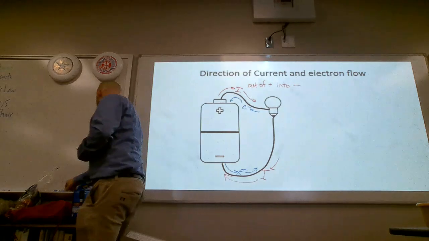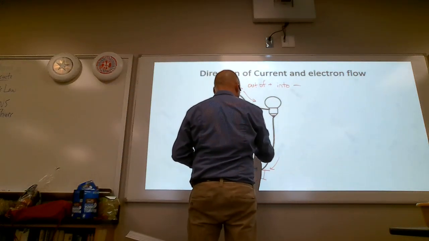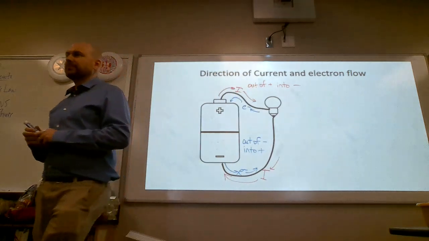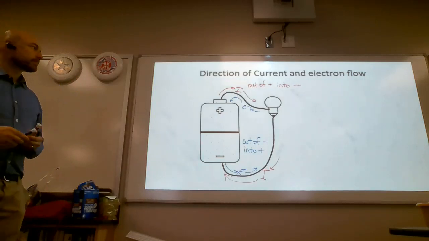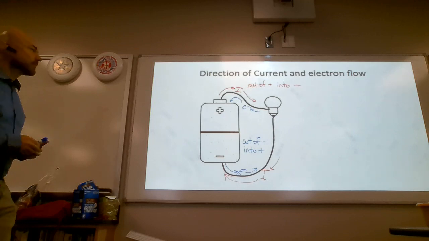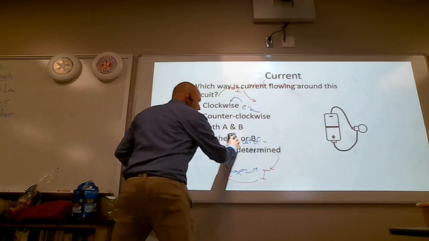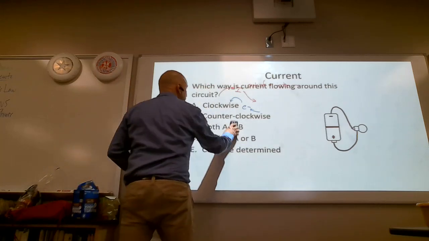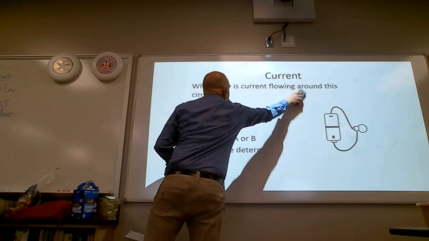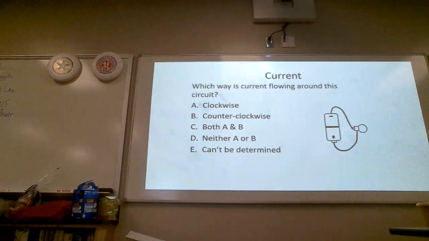Yep, current goes out of positive into negative. Electron flow goes out of negative into positive. Okay? Good with that? All right. In case you forgot which way is counterclockwise and clockwise, there's a clock right there.